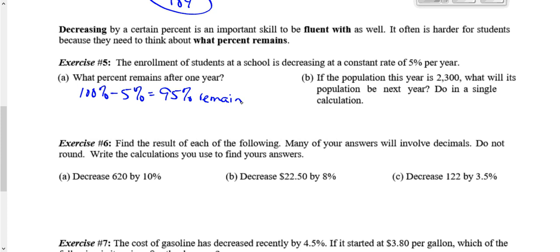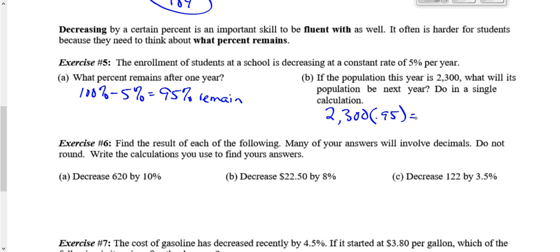So in part B, do they give us a starting population? Okay, and they want to know what it will be next year. What are you going to do? 2,300 times what? 95% of it, right? Because that's what stays. That's what remains.